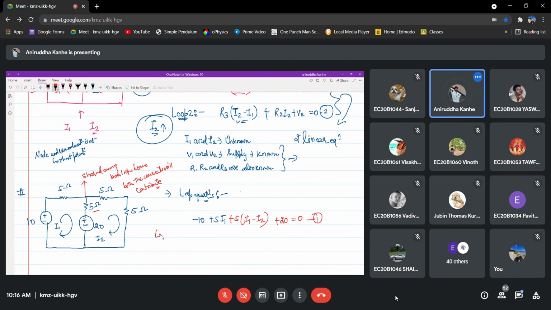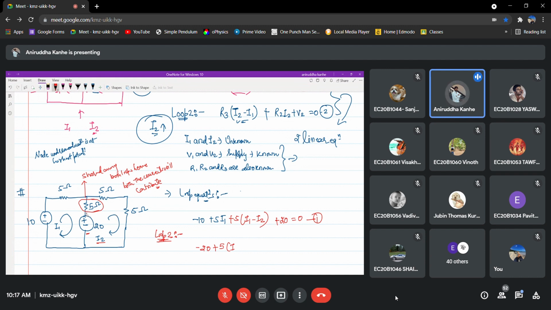Now, loop 2. Minus 20 plus 5 into I1 minus I2. No, why I1 minus I2? You are writing for loop 2, so I2 is the consideration. So this current is high, that means the clockwise direction with respect to 5 will win.